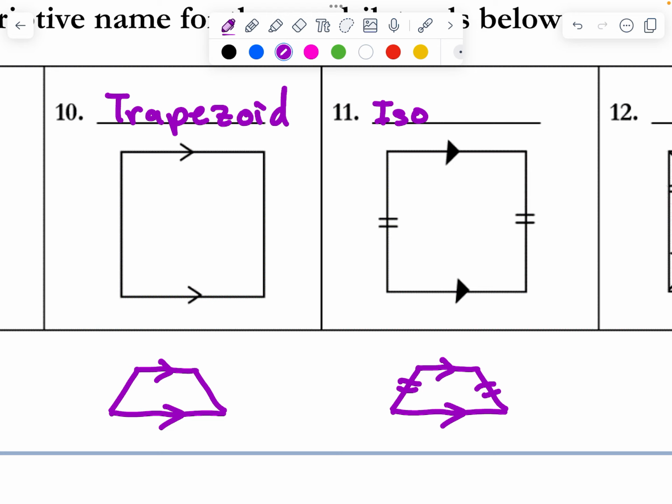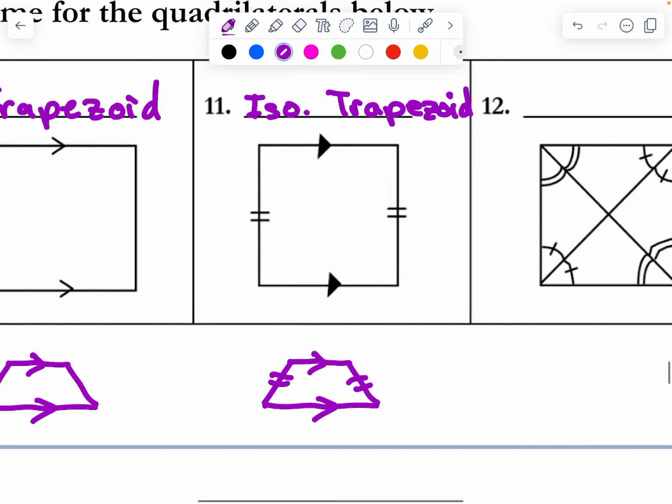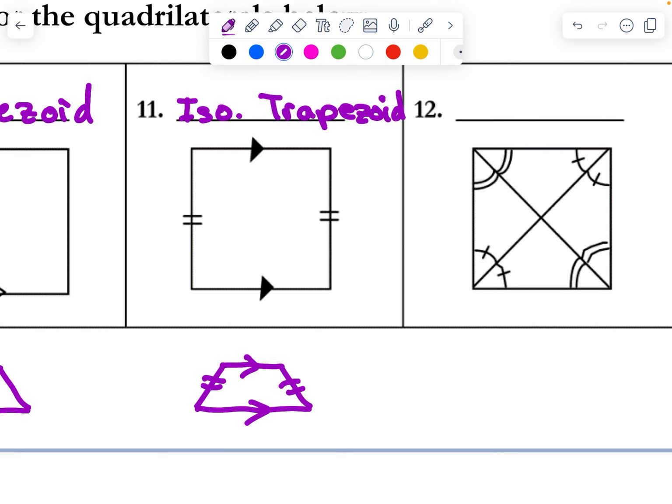Now you can clearly see that's an isosceles trapezoid. And so isosceles trapezoid. I don't want to write trap. And again, that's just because we don't know if these are parallel or not. And if they were, then we could say this is a rectangle, or a parallelogram. Personally, I would say rectangle. But here again, it has to be an isosceles trapezoid.